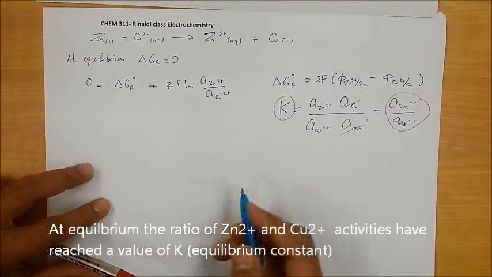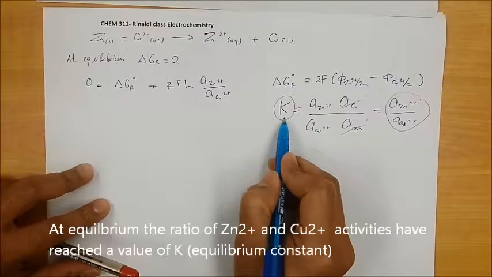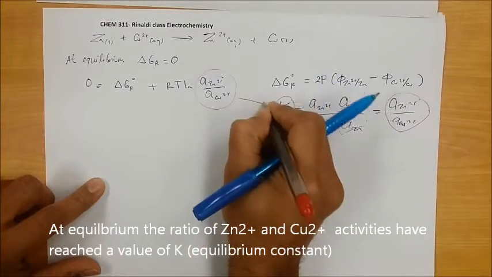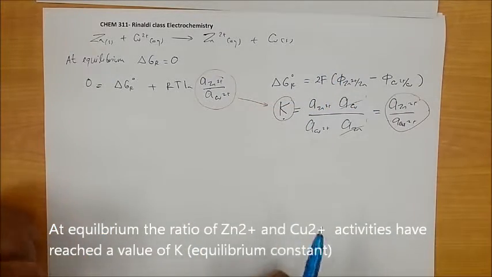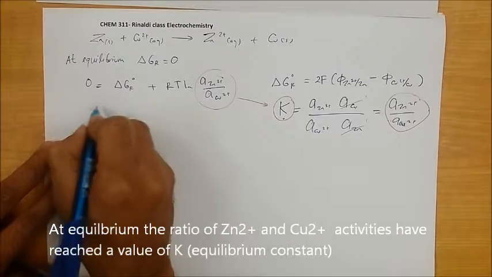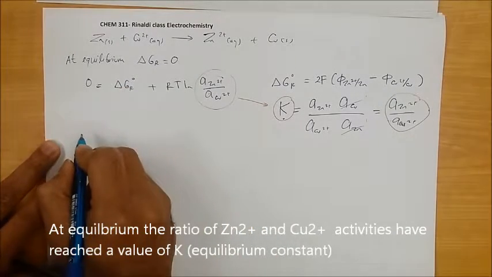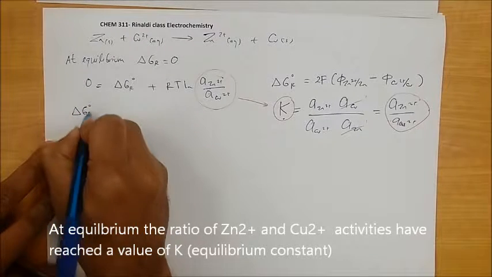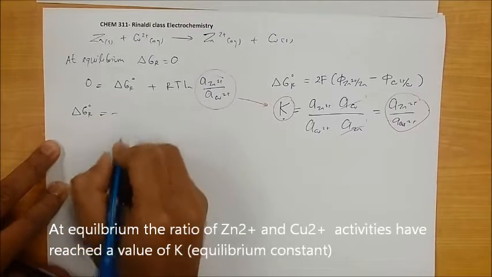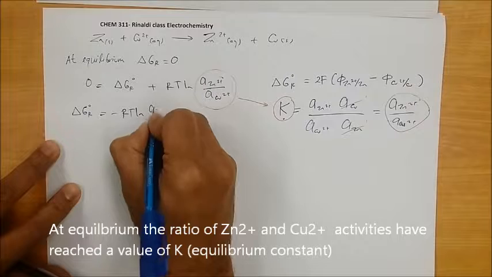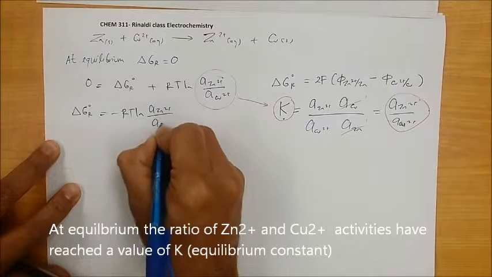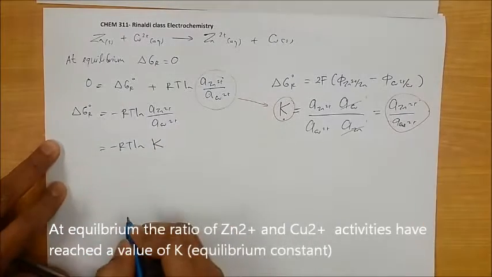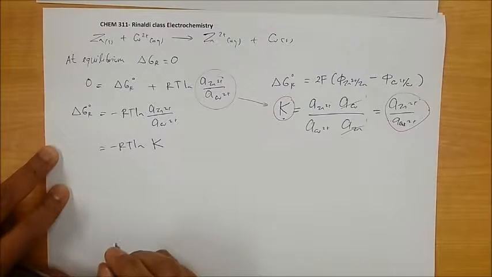At equilibrium, the system will reach the K value, so this term here is actually K. At equilibrium, ΔGr equals 0. So I can write ΔGr naught is equal to minus RT ln of the activity of zinc 2+ and copper 2+, or minus RT ln K.